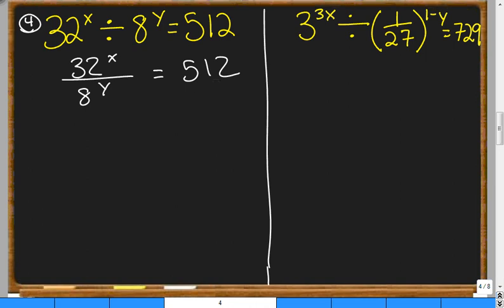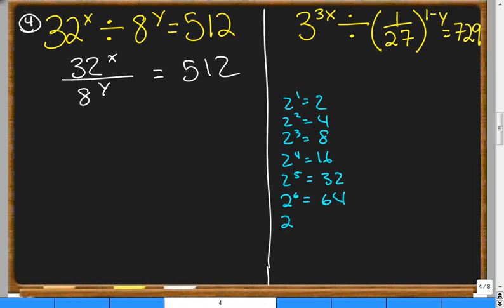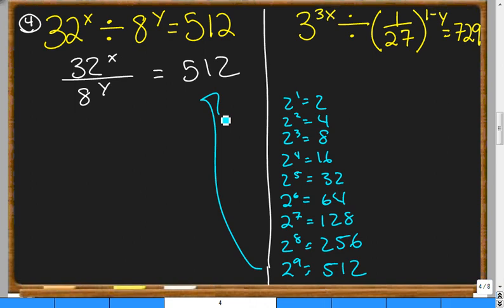Just a quick review: 2 to the first is 2, 2 squared is 4, 2 cubed is 8, 2 to the fourth is 16, 2 to the fifth is 32, 2 to the sixth is 64, 2 to the seventh is 128, 2 to the eighth is 256, and 2 to the ninth is 512. You can always build this if you need to; it's just multiplying by 2. So we're going to use this: 512 becomes 2 to the ninth.